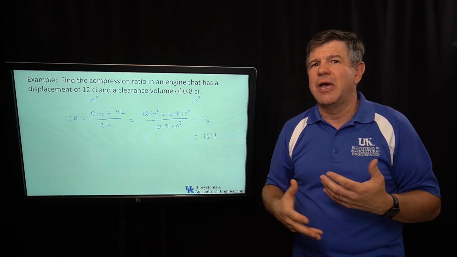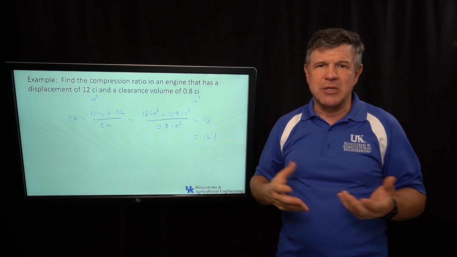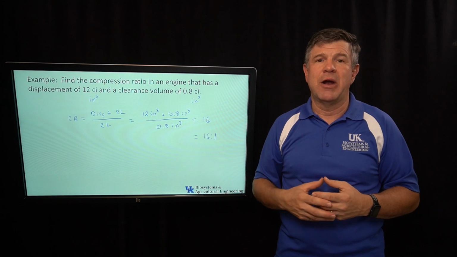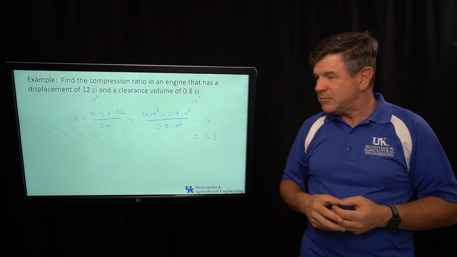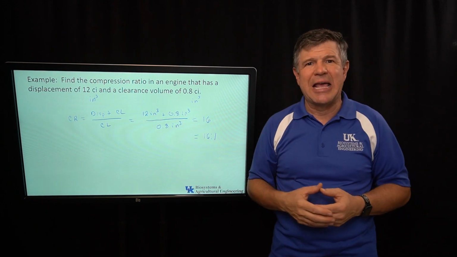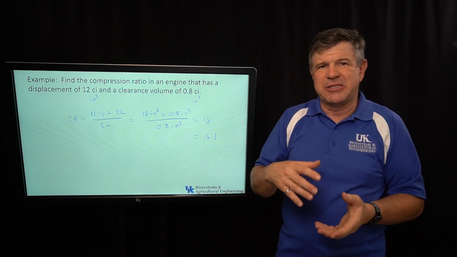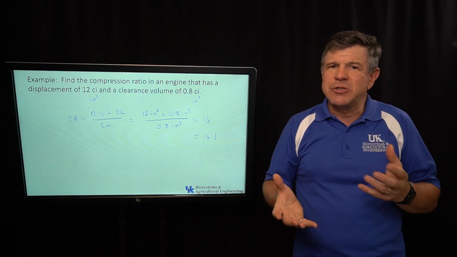And we'll find out later that that's a relatively high compression ratio. That's something you might typically see on some higher compression engines, like some diesel engines. Spark ignition gasoline engines will typically be on the order of 6, 8 to 1, maybe 10 to 1. So those are typical numbers.